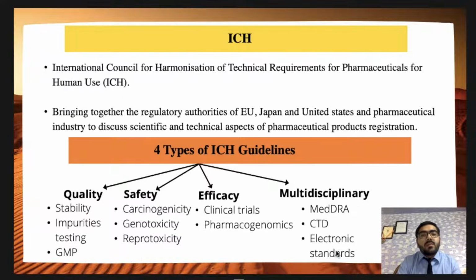Then coming to a very important topic, ICH. What is the full form of ICH? ICH is the International Council for Harmonisation of Technical Requirements for Pharmaceuticals for Human Use. Earlier it was International Conference, but it is now updated to International Council.